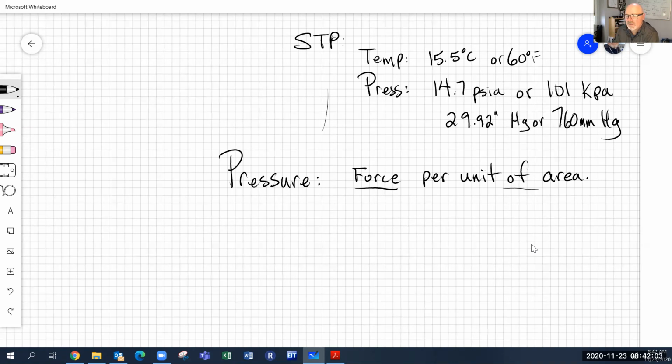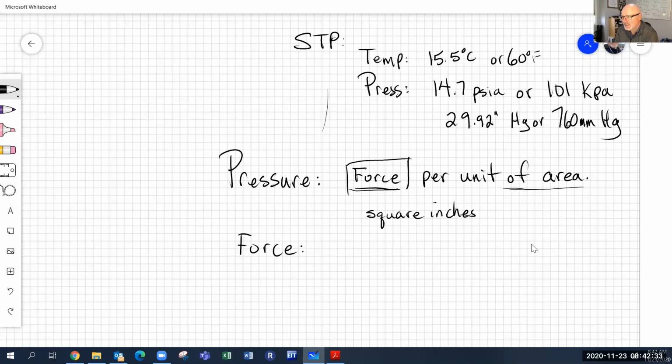And the unit of area that we typically talk about is typically square inches. And I'm going to talk about that a little bit more, but this is force per unit of area. So I actually should define what they mean by force.